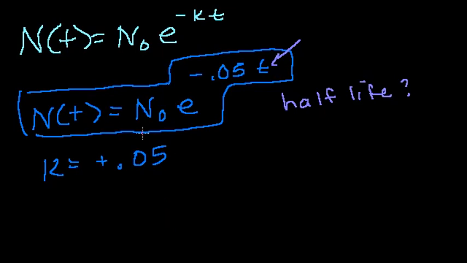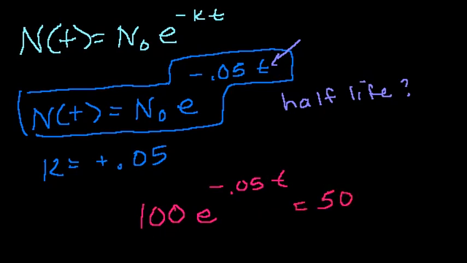I take 100 times e to the minus 0.05 times t, where t is our half-life. After our half-life, we're going to have half of this stuff left, so this should be equal to 50.